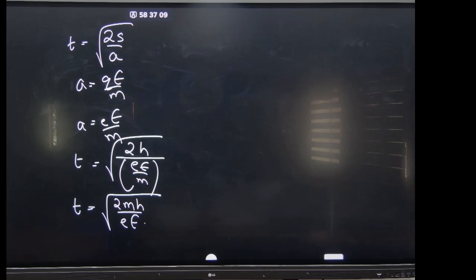If E axial and E equatorial represent the electric field at a point on the axial and equatorial line of a dipole, at a distance r from the center of the dipole, for r greater than a: option 1, E axial is equal to E equatorial; option 2, E axial is equal to minus E equatorial; option 3, E axial is equal to minus 2 E equatorial; option 4, E axial is equal to 2 E equatorial.